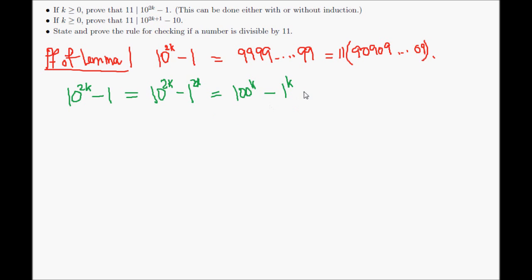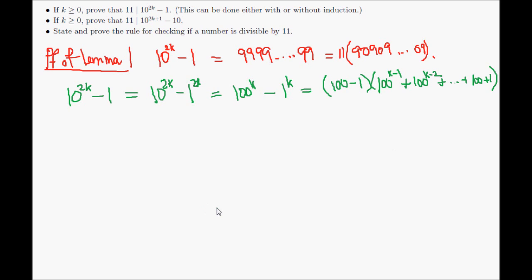And so I can factor this as 100 minus 1 times 100 to the k minus 1 plus 100 to the k minus 2 times 1 plus 100 plus 1.